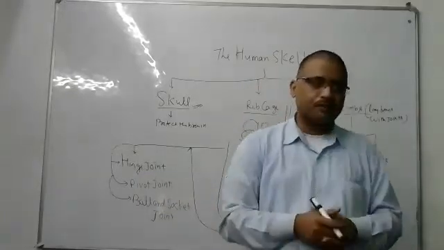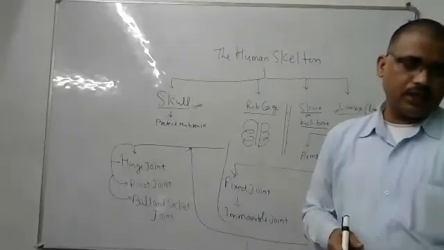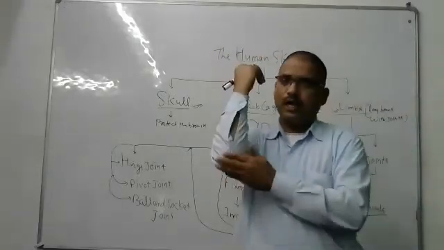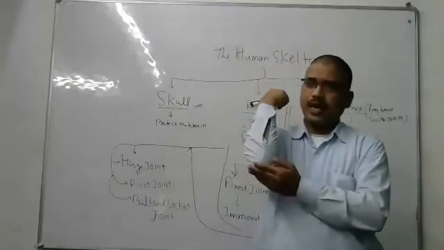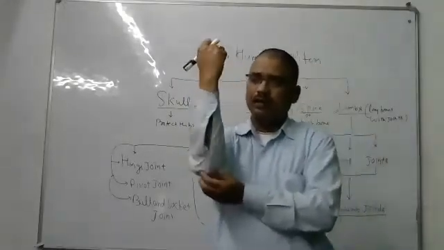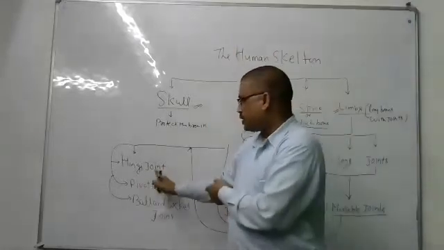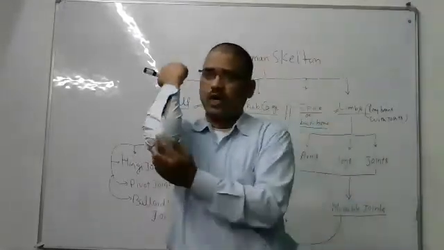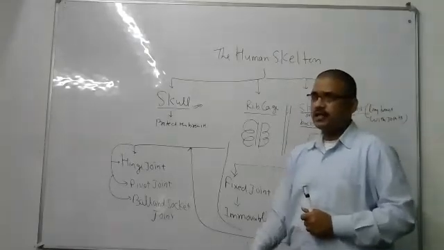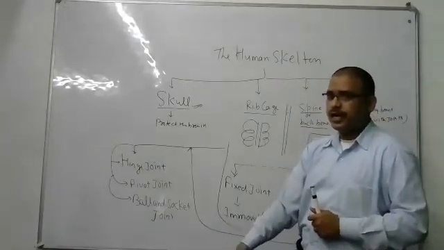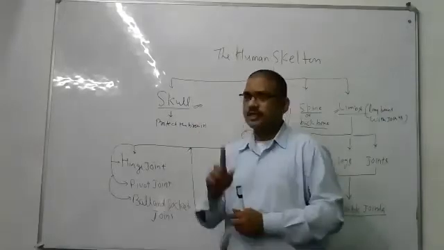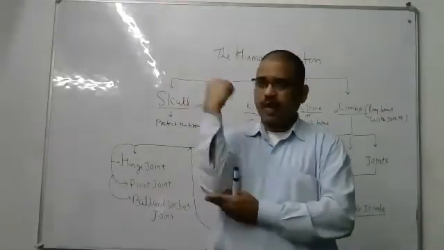Hinge joints are found in the elbow, which provides back and forth motion. The knee on the leg also provides only back and forth motion.